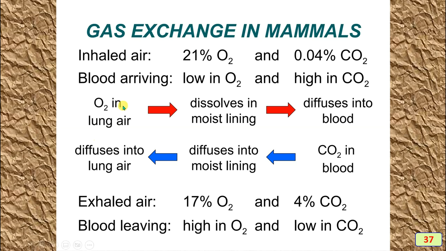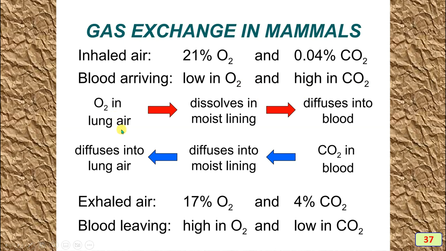Usually, the inhaled air contains about 21% oxygen and 0.04% carbon dioxide, whereas the blood, low in oxygen and high in carbon dioxide, enters the lungs.